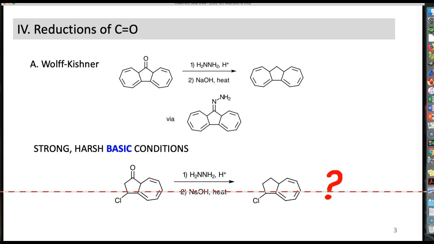So, will the Wolff-Kishner, or Kishner-Wolff, work in this particular case? And I hope the answer you would give me is, oops, no, because under these conditions, particularly when I have NaOH present and plenty of energy, I'm going to boot off that chloride, and I'm either going to get substitution or elimination there. So the Wolff-Kishner would be a bad choice in this particular example.